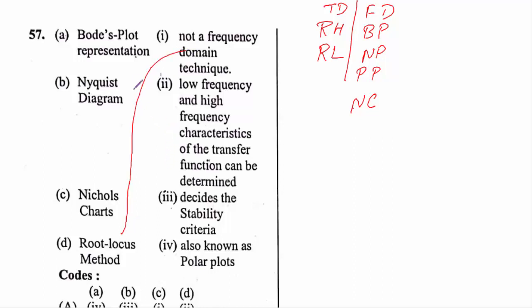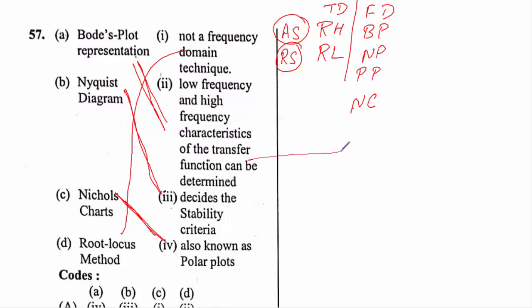The Nyquist diagram decides the stability criteria. For relative stability, we can go for root locus. For absolute stability, we need to go for RH criteria. Nichols chart is also called polar plot, and the extension of the polar plot is the Nyquist plot. With the Bode plot, low frequency and high frequency characteristics of the transfer function can be determined.